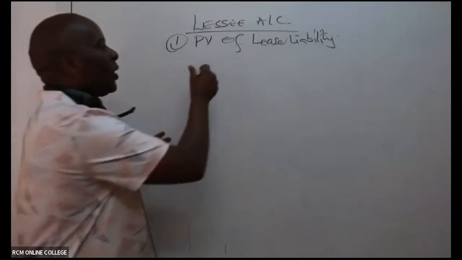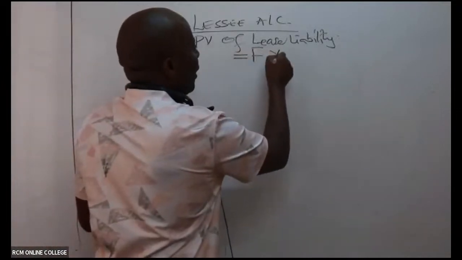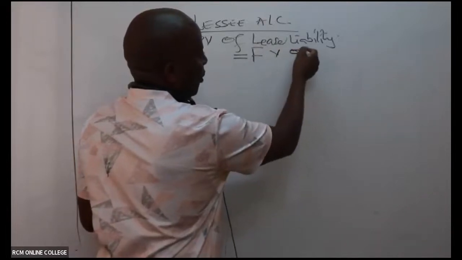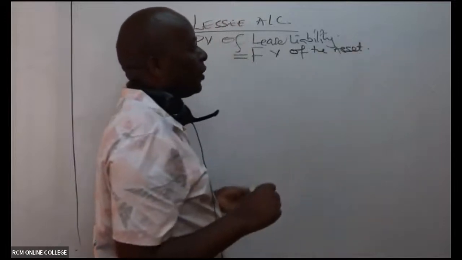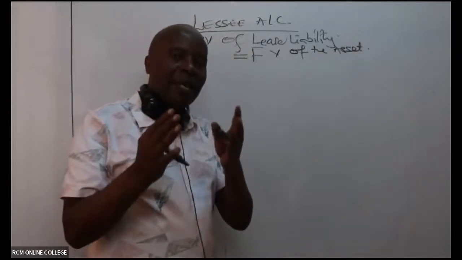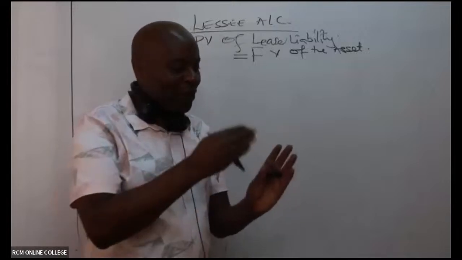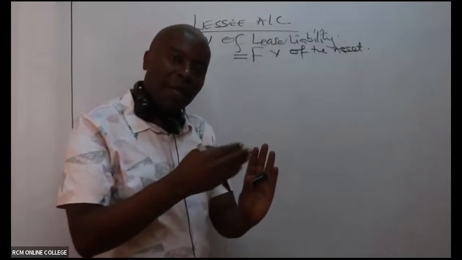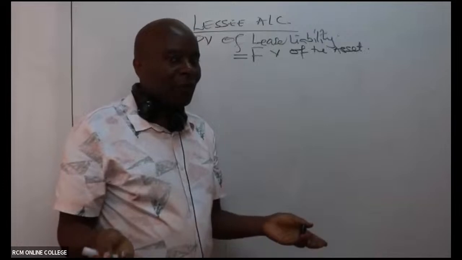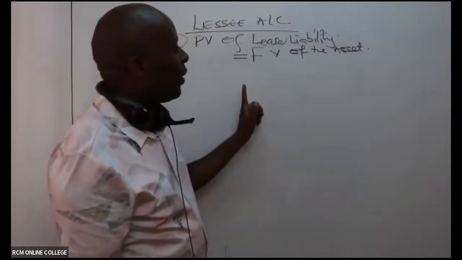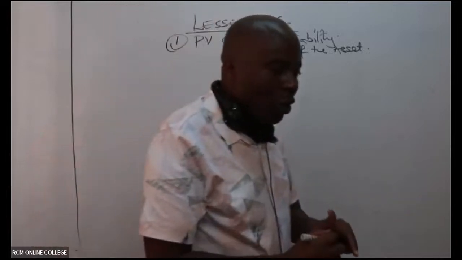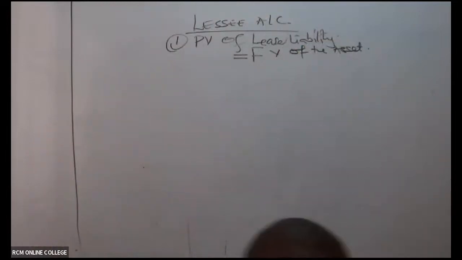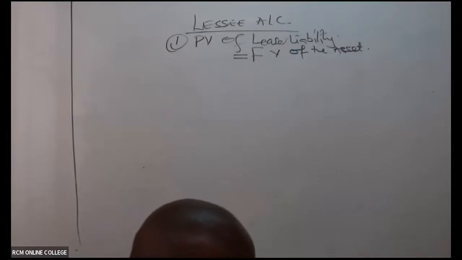Now this, of course, is also known as the fair value of the asset, because at the end of the day, whatever I'm paying should be equivalent to the market value. So whenever you see fair value of the asset, this will be the same as your present value of lease liability. Please listen. This is a question that we should be able to understand, all of us.